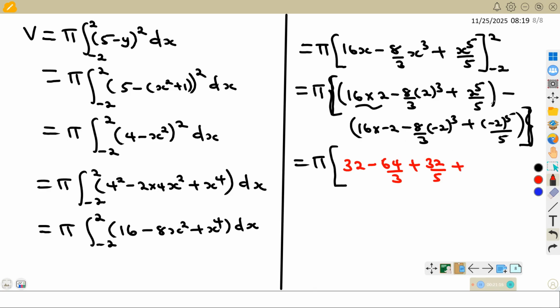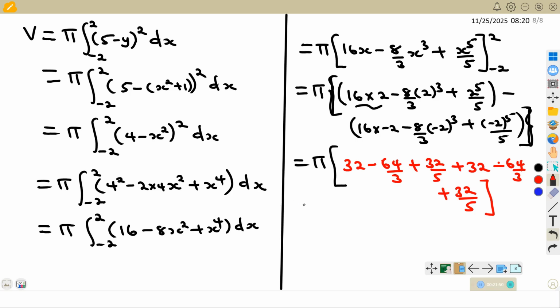Opening this bracket, minus 16 times negative 2 is minus 32, so this is plus 32. Then the minus signs combine, so it remains a plus 64 over 3, and what we obtain here will also be minus 32 over 5, so it will give us plus 32 over 5.